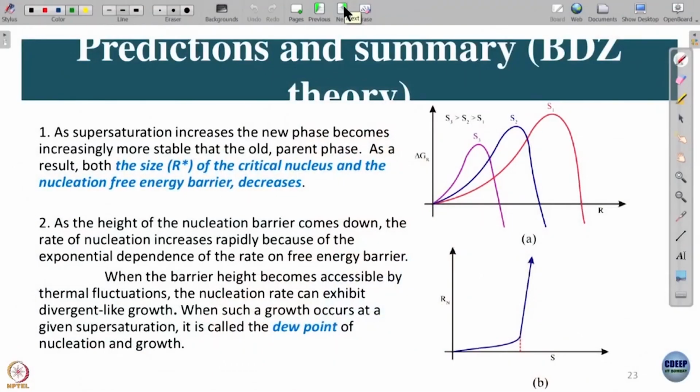So, this is what I was talking about, the temperature dependence, a very strongly temperature dependent phenomenon. Sometimes it is not just temperature but pressure and supersaturation. If you increase the pressure, you see nucleation, that is the way to see nucleation in a cloud chamber.